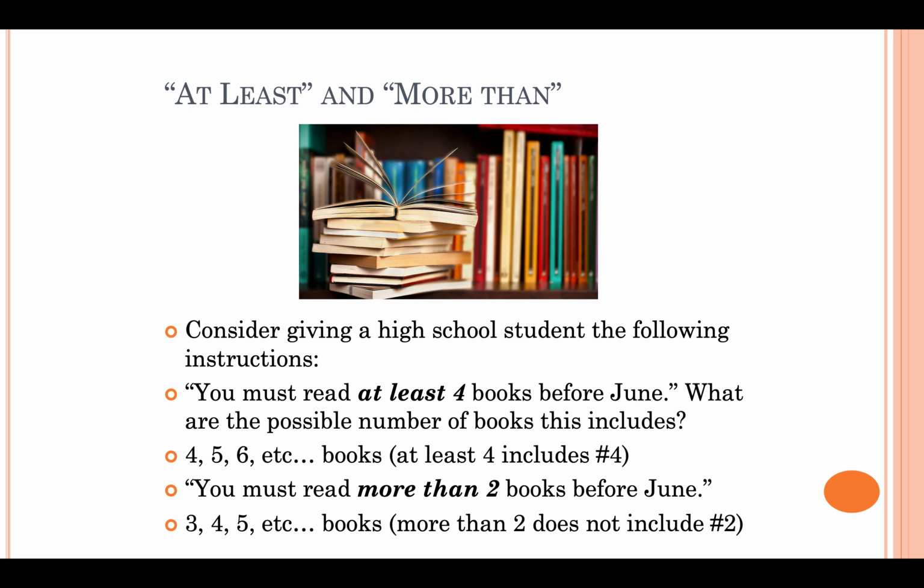So these are things that, if not immediately obvious to you, you should write down and refer to, because you are going to see these phrases in word problems often for the rest of this course, and you will get different answers if you use the wrong approach. If you solve a problem with a more than approach, but the problem requires an at least approach, you will get the wrong answer. So keep that in mind moving forward.